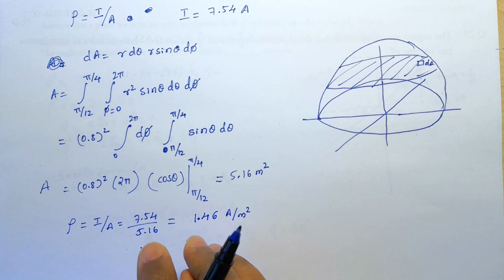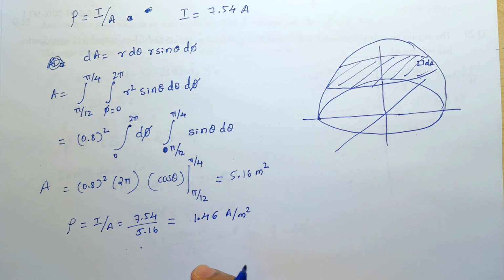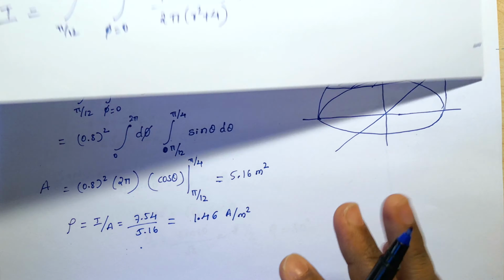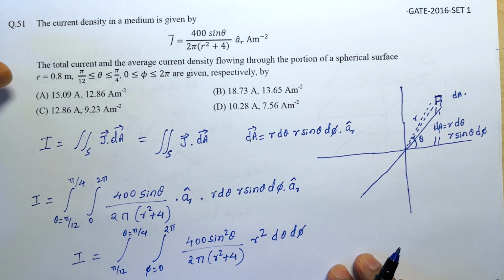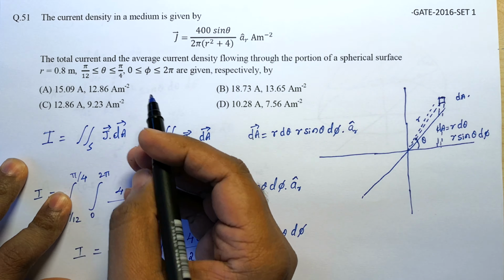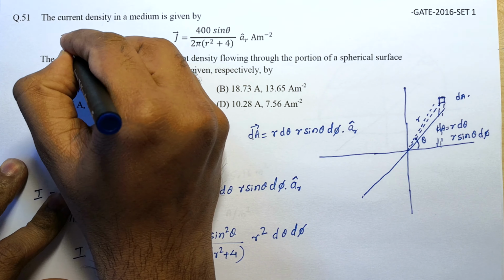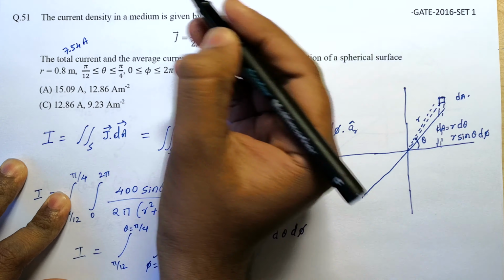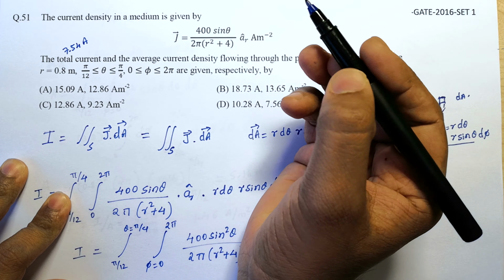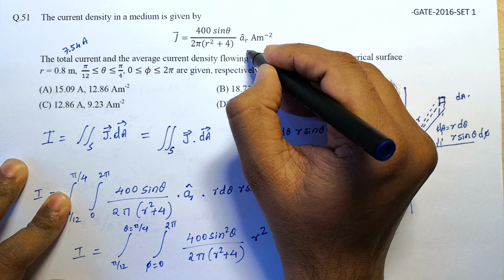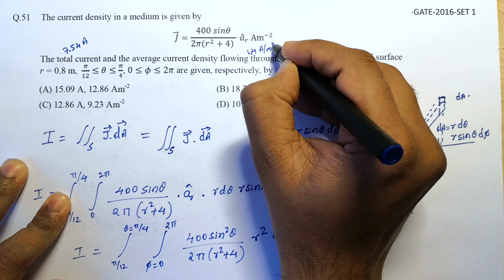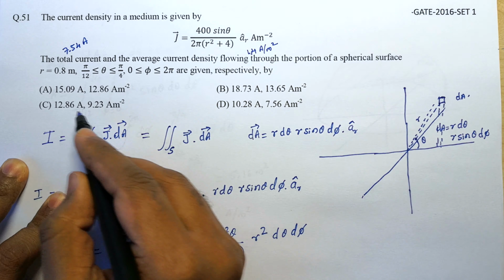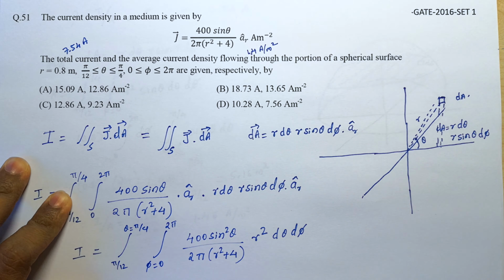Now we know that there is no option which gives these two answers. So I got a total current of 7.54 amperes and an average current density of 1.4 ampere per meter square, and none of these options are given here.